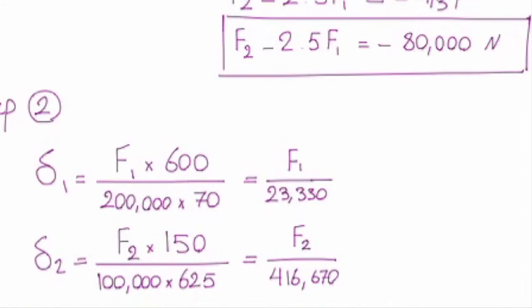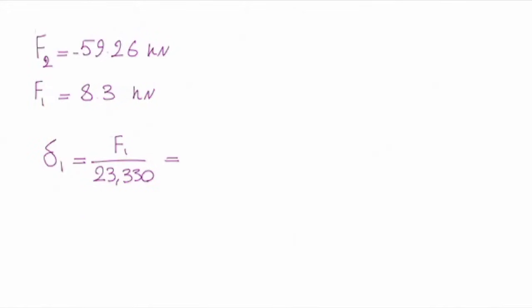Okay, this is not the answer. For this problem, we need to determine how much is the downward deflection of that point. So I need to determine how much is delta 1. And delta 1 is F1 divided by 23,330. Okay, here, should I use 8.3 or what? It's kilonewton, so I need to convert that into newton.